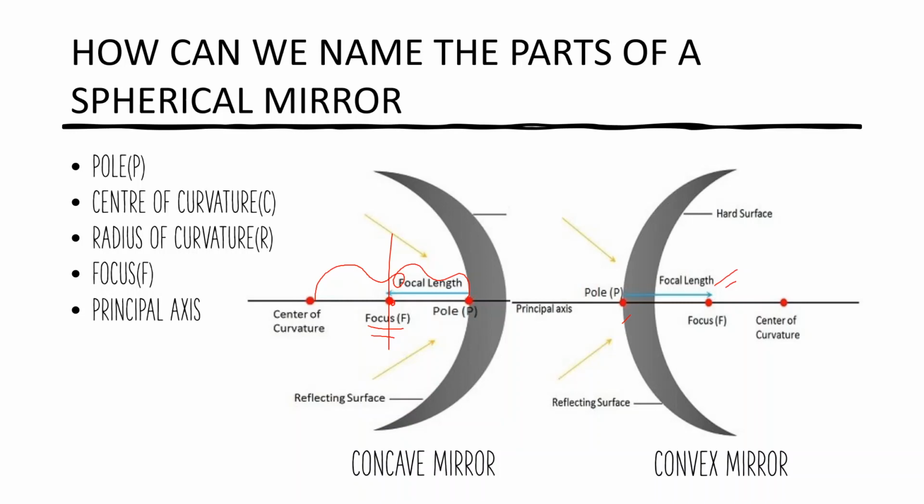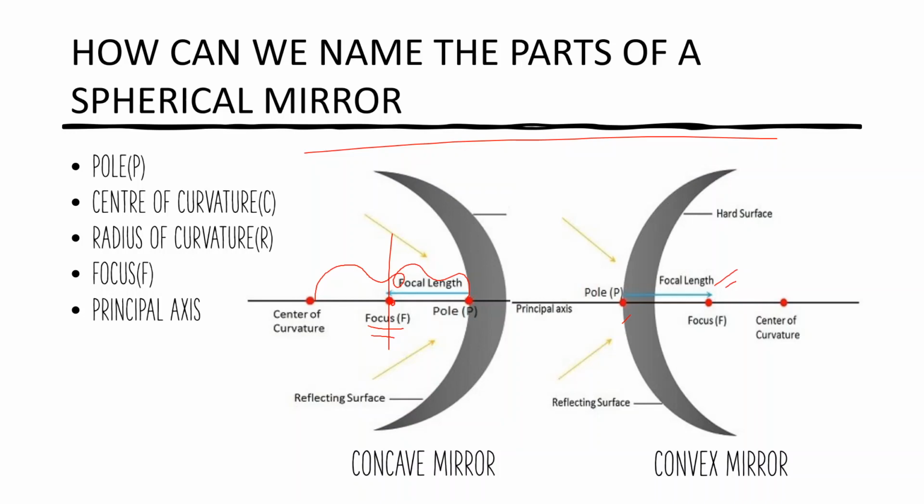These three are special points. Now, let me draw a straight line passing through them. Since these three points are special, then my line is also special, and I thought I'll name it. There are very great names for the points: pole, center of curvature, radius of curvature, focus. Why don't I name my line?